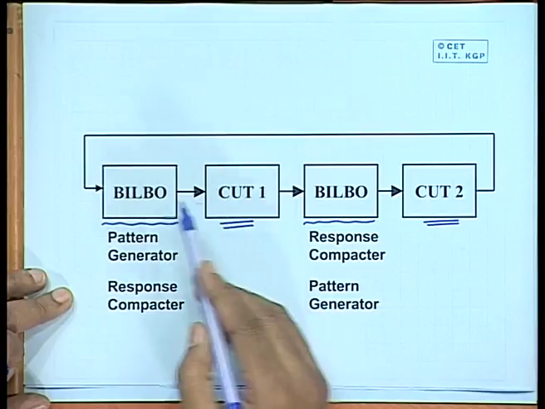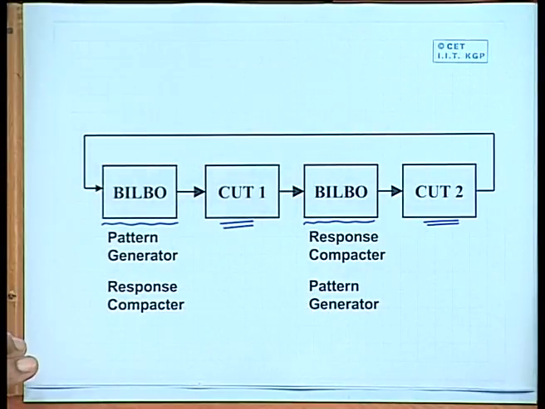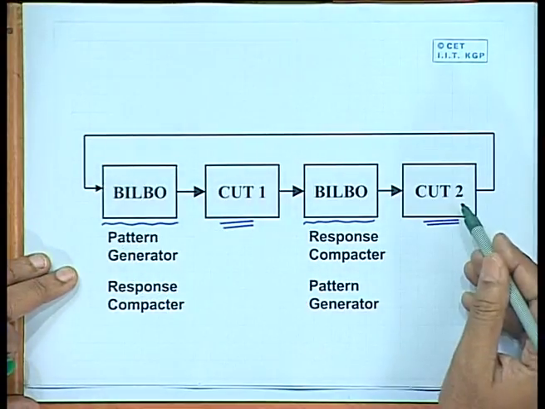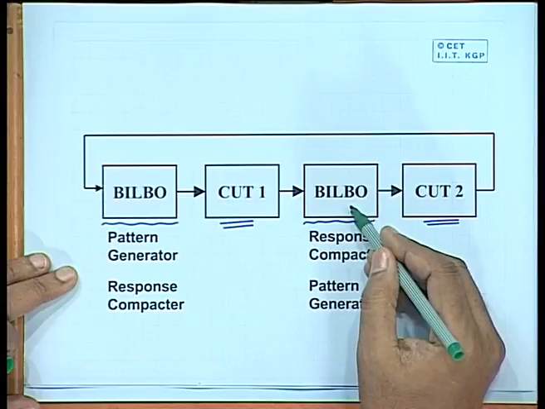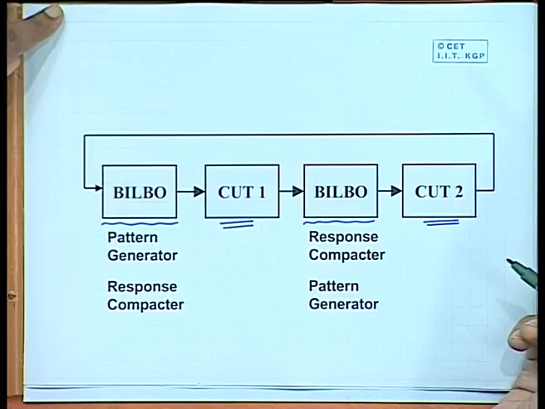Now, we have to test this hardware. We can do it very easily. First, we can configure Bilbo into a shift register, and by using that shift register we can use the conventional shift register test which you use for scan path, that 0011 0011 pattern.